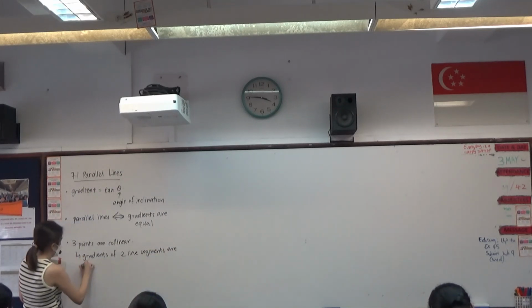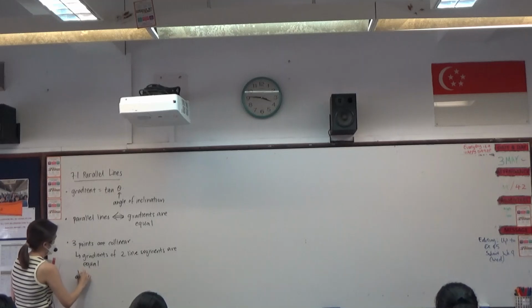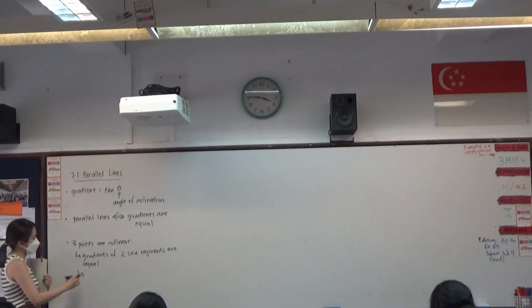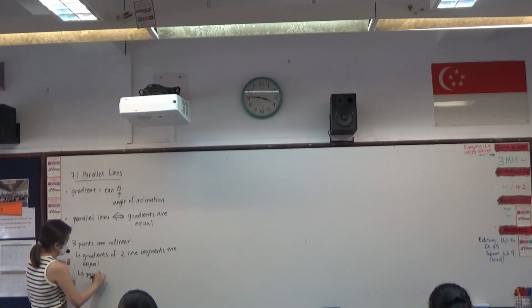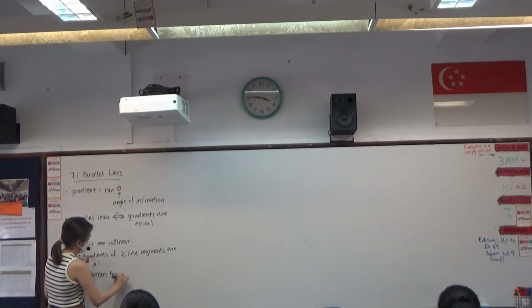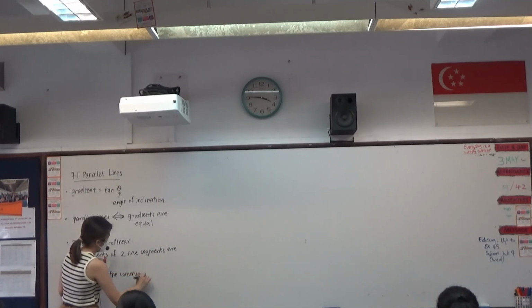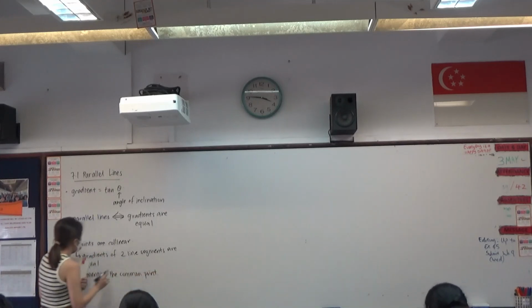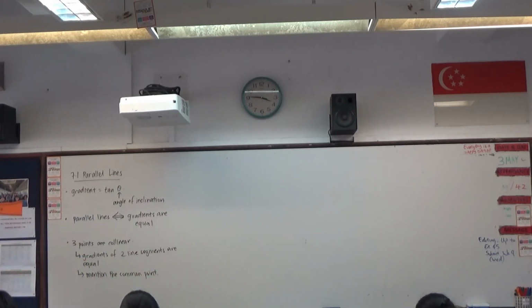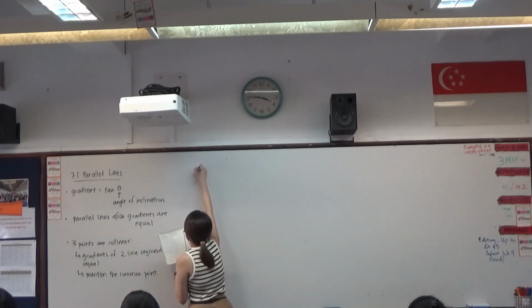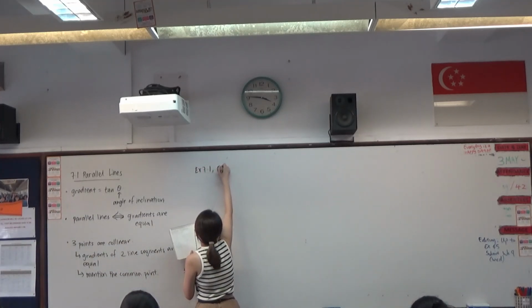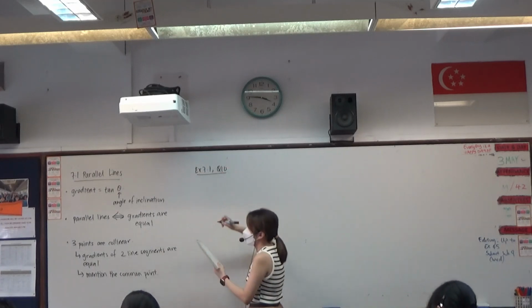Okay, and then also to mention the common point. So these are what we have covered with the questions that we have done so far. Okay, I want to just finish up this topic by looking at one more question.